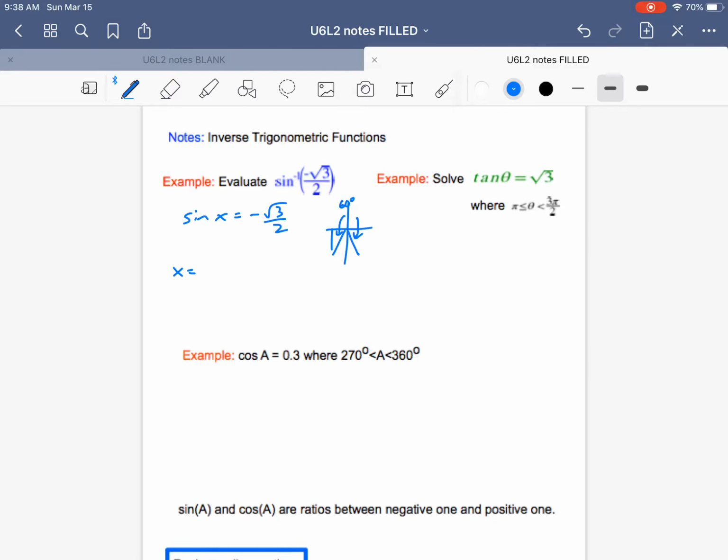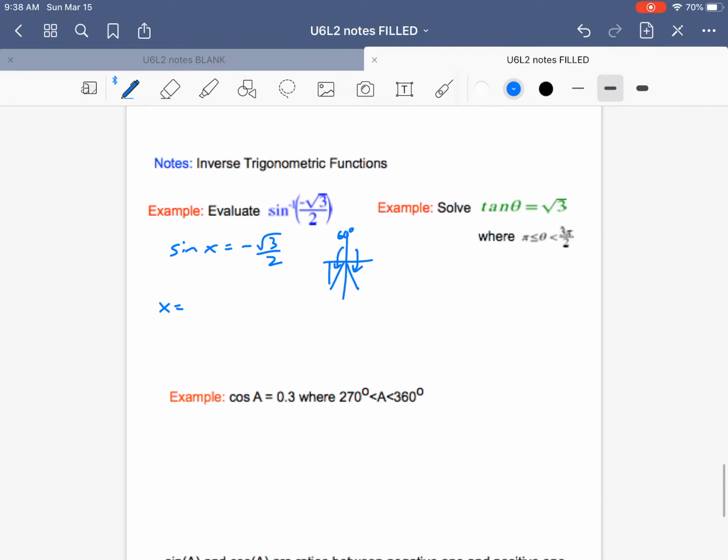So that means in degrees, x could be either 240 degrees, and I'm going to keep them separate, or 300 degrees, all right? And we just talked about on the previous page how you can have an infinite number of answers.